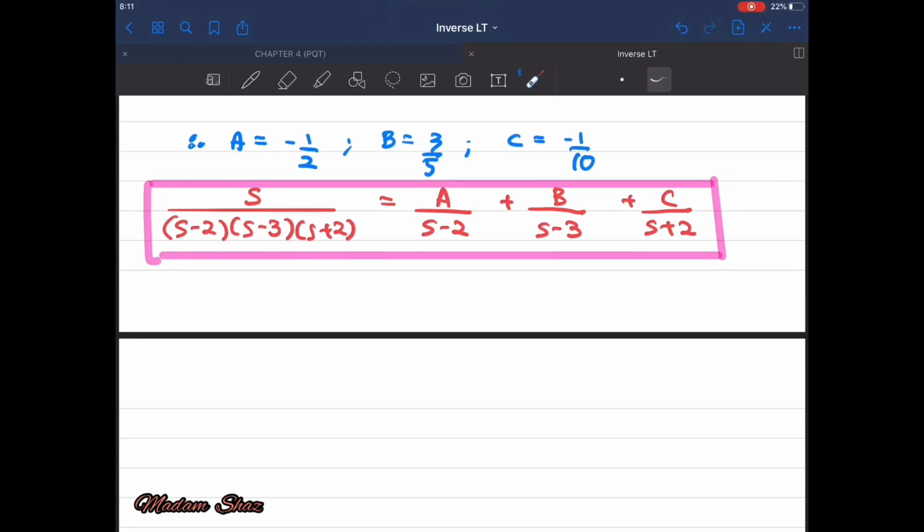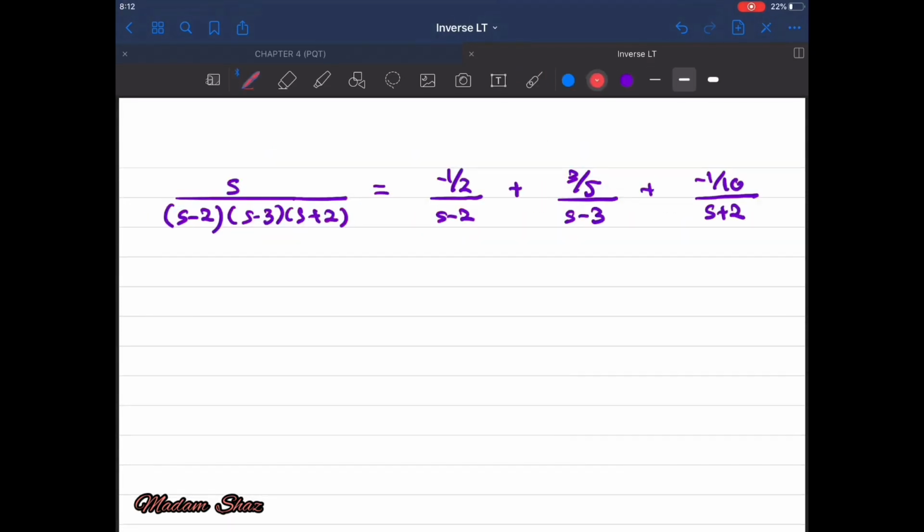So after you have obtained all the constants for A, B and C, we need to substitute back all the values to the partial fraction that you have right before this. So this is the partial fraction that we have right before this. So substitute back A equal to negative 1 over 2, B equal to 3 over 5 and C equal to negative 1 over 10.